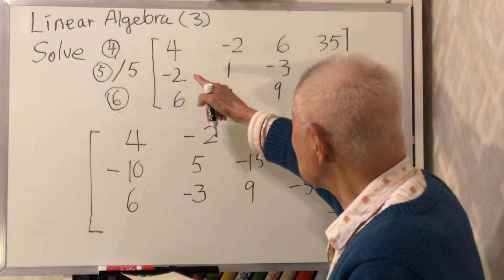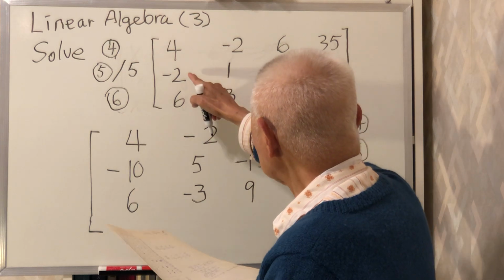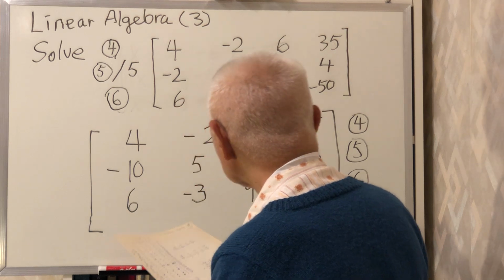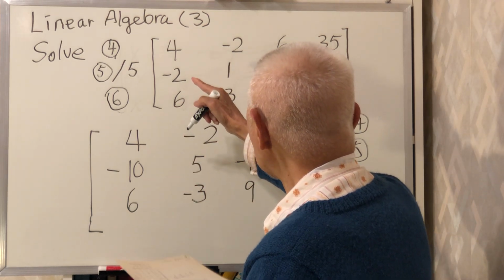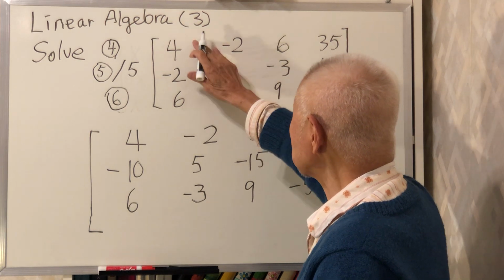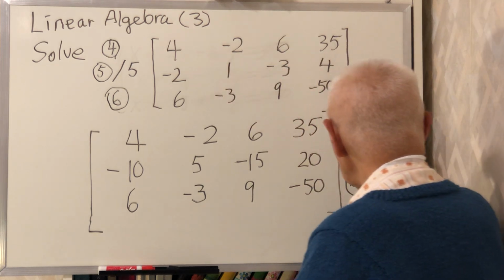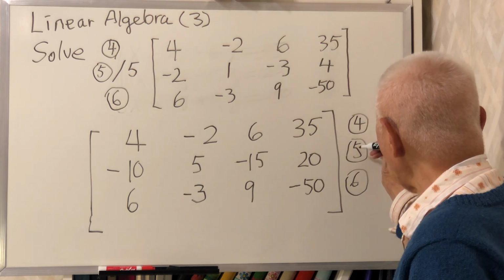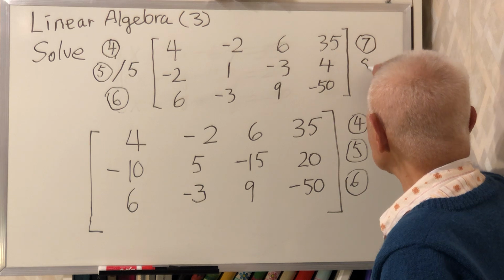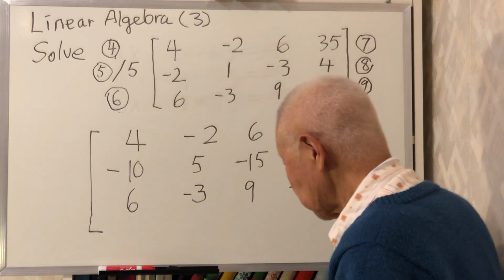Next, I want to make this 0. How do I make this 0 now? I can multiply this by 2 and add this to the first row here. So let me label this 4, 5, 6, so it's 7, 8, 9.